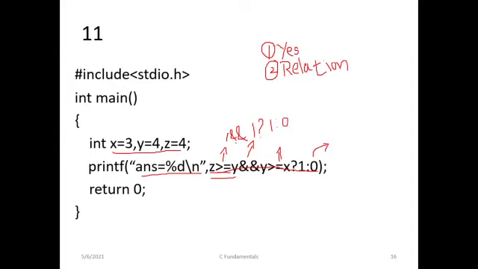After substituting the values, true and true means we will get true. True means the first thing will get executed, that is this 1. This 1 will get printed here instead of this. Okay? I hope it is clear.